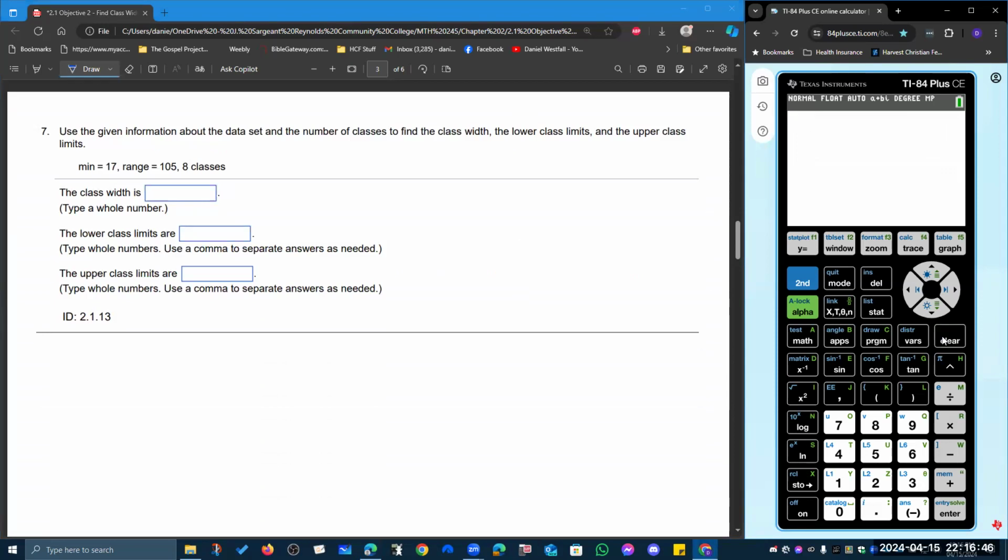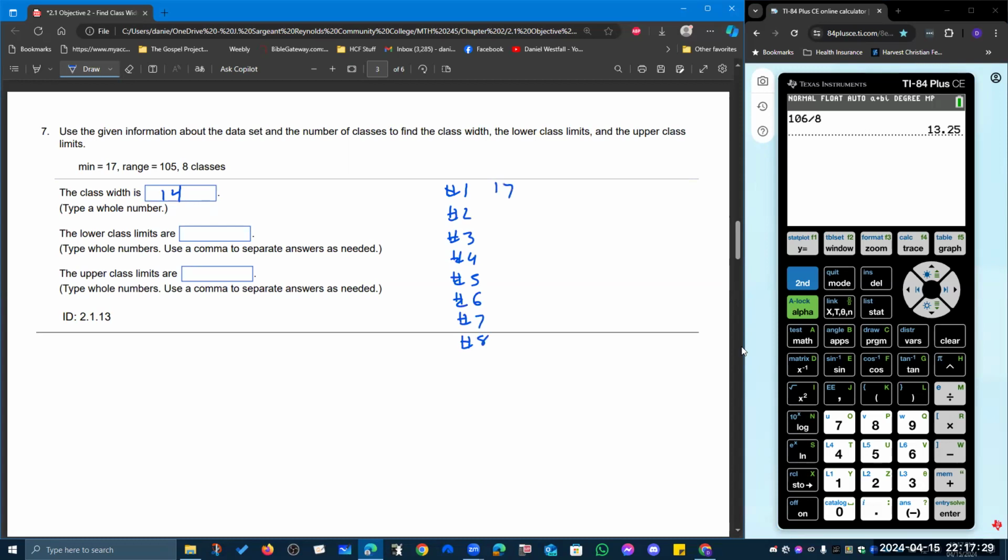Let's find our range, which is 105. So let's take 105 plus 1, which gives me 106, divided by 8. It's going to give me 13.25, so I'm actually going to need a width of 14. We have 8 classes.